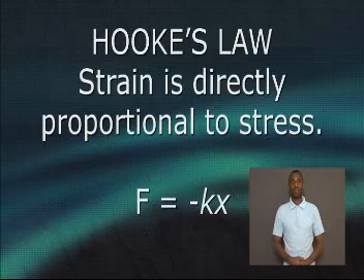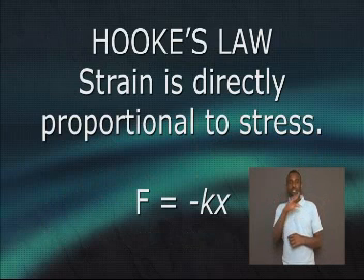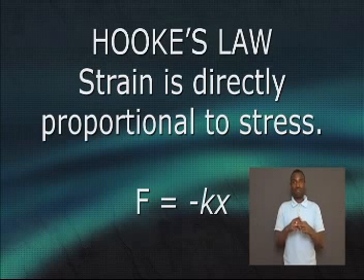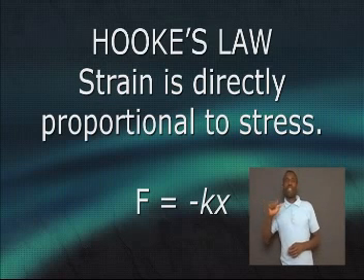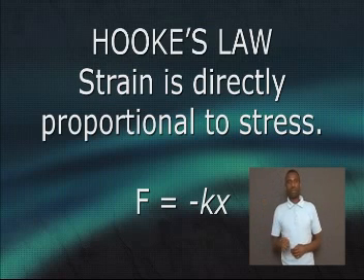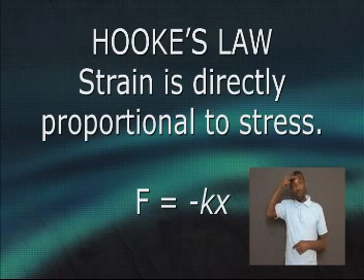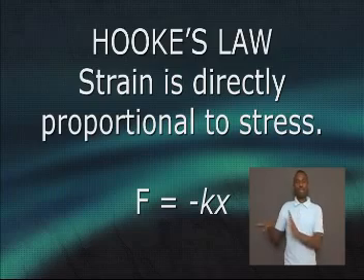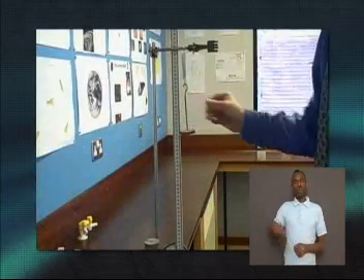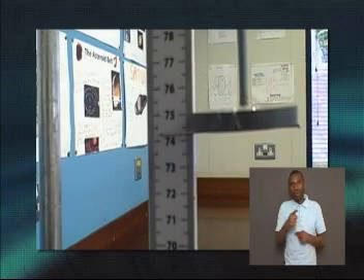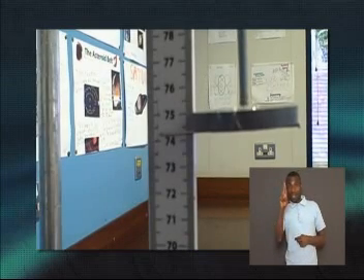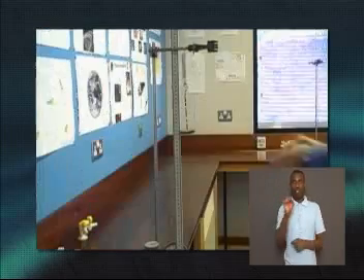The correlation between extension and applied force is known as Hooke's law. It was named in honor of Robert Hooke, the English natural philosopher. Hooke's law states that strain is directly proportional to stress.